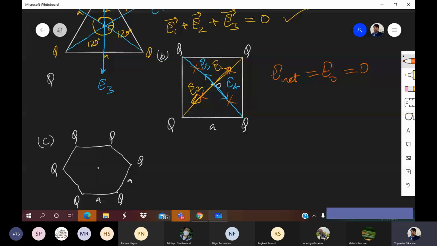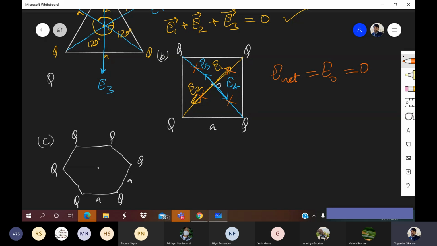You understood this? Yes, Gaurav. Have you understood this? Sir, can you explain once again, sir? I'm still confused. I have just explained that if two forces are equal and opposite, then their resultant will be 0. So E1 and E2 will be 0.